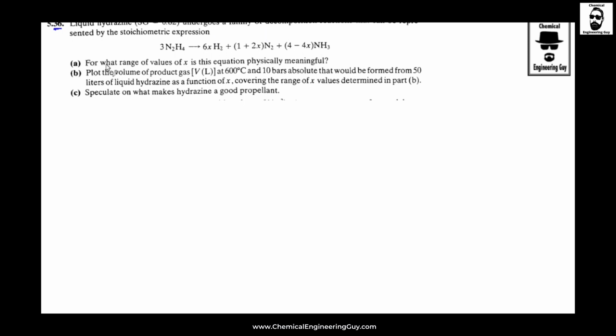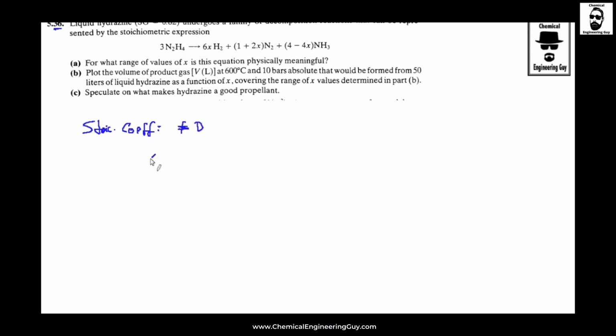The first thing they tell you is: for what range of values of x is this equation physically meaningful? Mathematically it makes sense, but physically or chemically, when is it meaningful? So I'm going to use the stoichiometric coefficients. By definition, they cannot be zero.